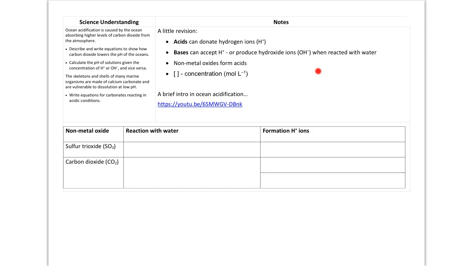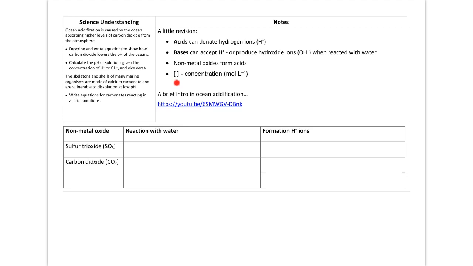Obviously the hydroxide ion then combines with a hydrogen ion to form water, so that's how it accepts a hydrogen ion. And if you can remember back to the periodic table last year, non-metal oxides form acids, and because they form acids, that's how they're able to donate hydrogen ions.